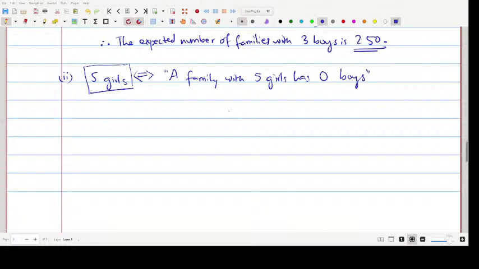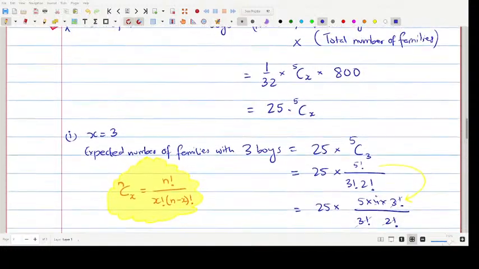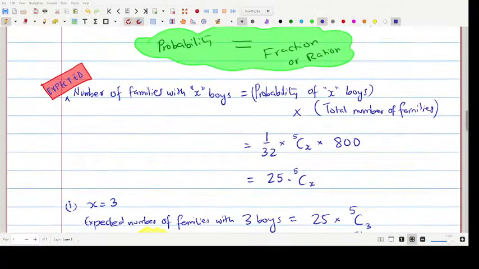So basically, if we want to find out the expected number of families with 5 girls, it is equivalent to finding out the expected number of families with 0 boys. Now let's try to find out that, right? So expected number of families with 0 boys. What is the formula? We have a formula 25 multiplied by 5Cx, right?